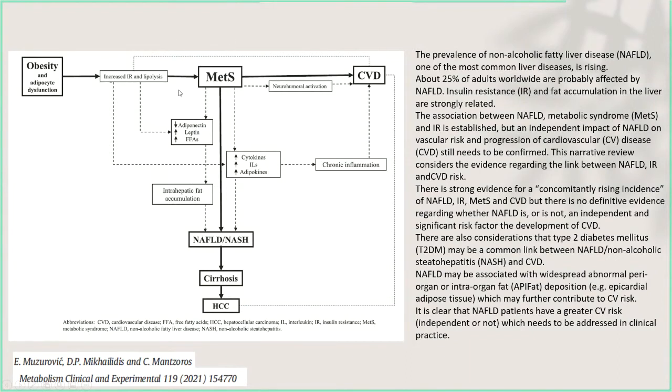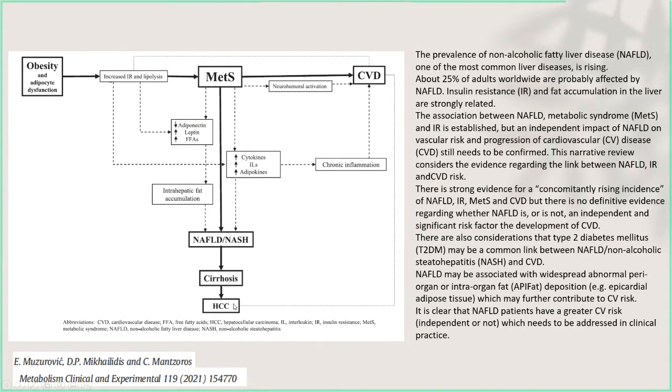So it really highlights the importance of metabolic syndrome, which is a result of obesity and adipocyte dysfunction, increased insulin resistance, and leading to this, causing cardiovascular disease. And of course, all these components, arising from the basic pathophysiology of the metabolic syndrome, lead to NAFLD and NASH.